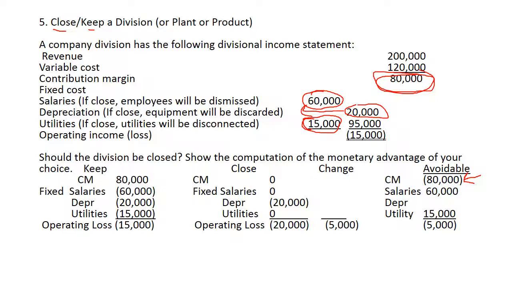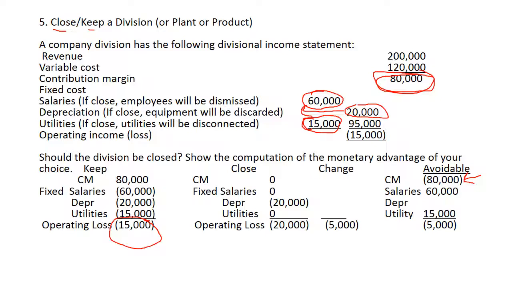So we would have a negative 5,000. So rather than having a loss of 15,000, we would only have a $5,000 loss.